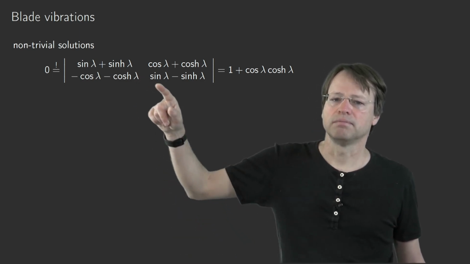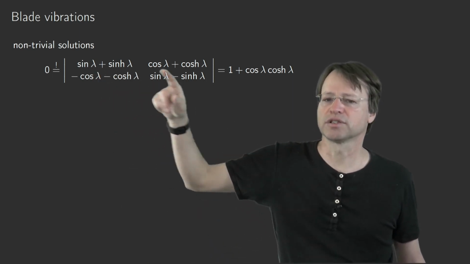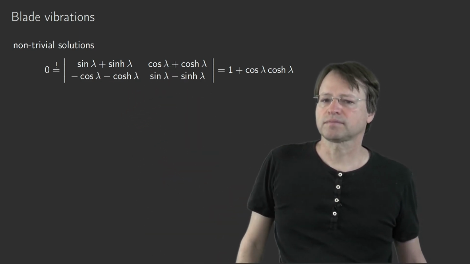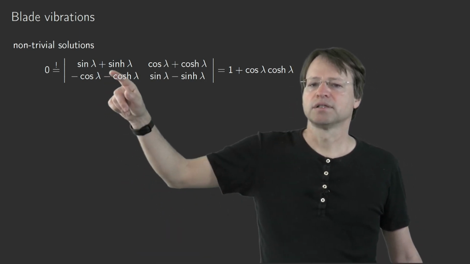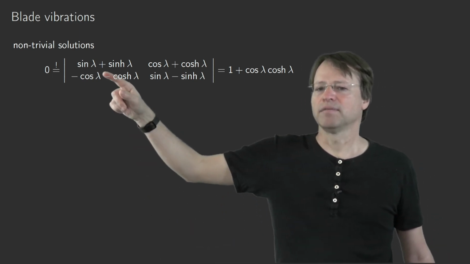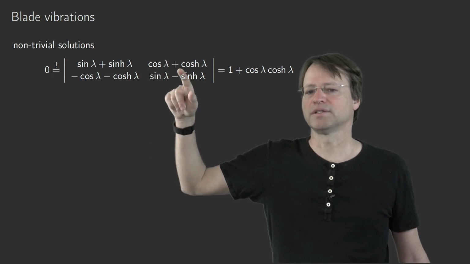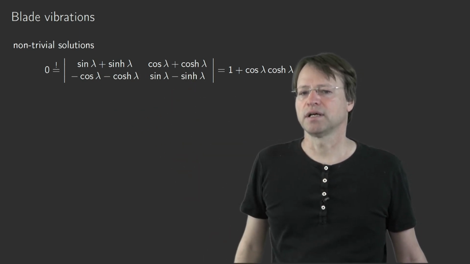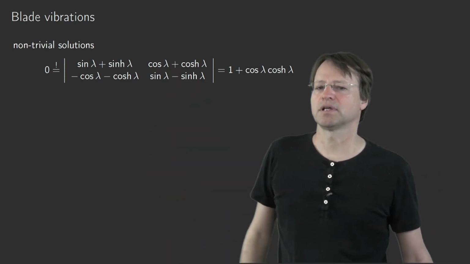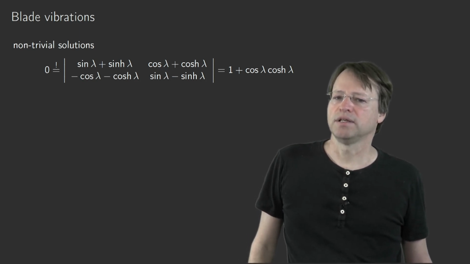You see that the mixed terms, where you have a hyperbolic function and a trigonometric function, cancel. Here I have minus cosine. No, here they remain. Sorry, they remain. For the sine functions, they cancel each other. For the cosine, here you have twice the hyperbolic cosine, cosine lambda. Hyperbolic cosine, cosine lambda. So they appear twice.